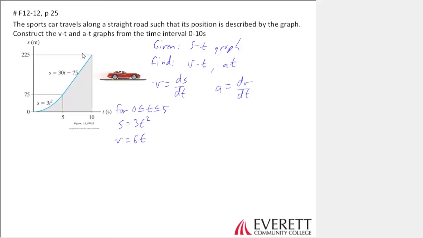For 5 is less than or equal to t, which is less than or equal to 10, we have s equals 30t minus 75. And therefore, velocity is equal to 30. We're going to do our VT graph now.